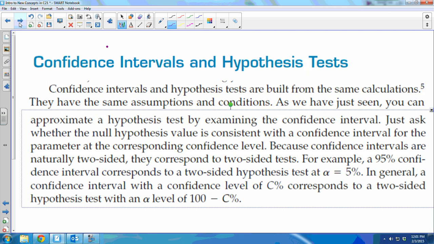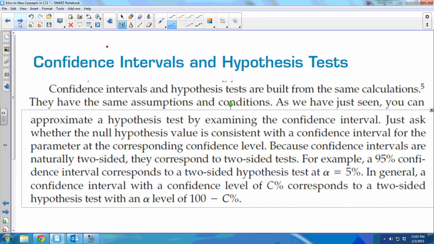Let's say we do this confidence interval based off a p hat of 5%, 95% confident, and we get this interval. Then in the next part of the question, they say, here's what we think p is. Well, if p is in your interval, then we probably don't have enough evidence to reject the null hypothesis.